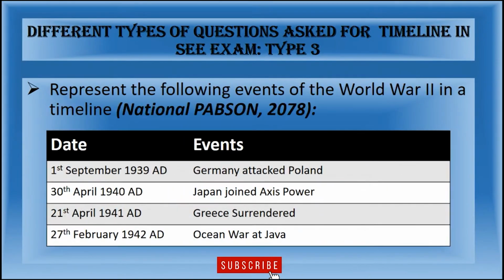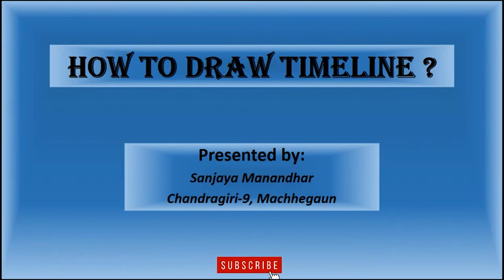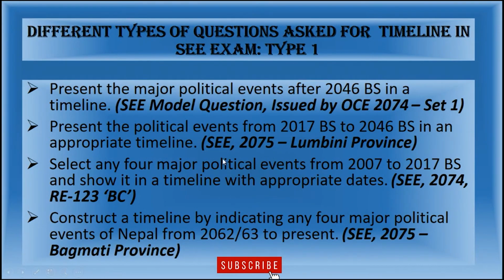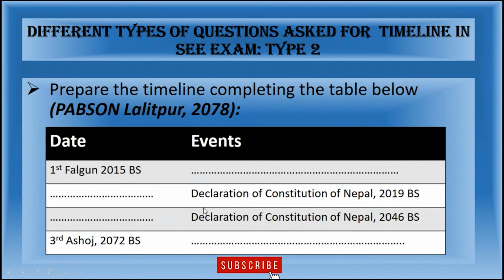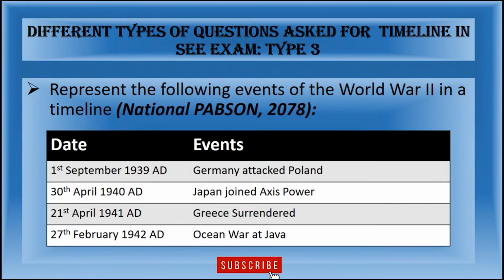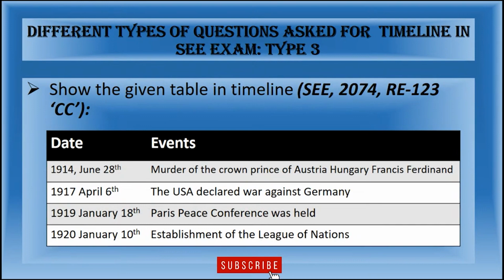At least practice from here. If you practice all of them, that is best. Even if you cannot do all of them, do at least one from here, and among these two slides at least one, and among these two slides at least one. If you practice these three, it will be best for you, and you will never have a problem in the timeline.